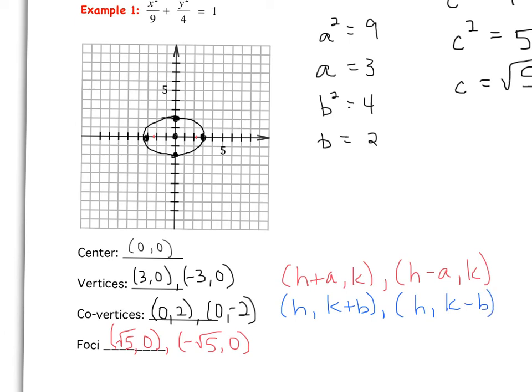Our foci, we'll go back to red, our foci, we add c to our h value, comma k, and we subtract c from our h value, comma k. So in general, we can use those formulas, or we can simply find the distance and then count on our graph. So let's go to our next page and look at example 2.